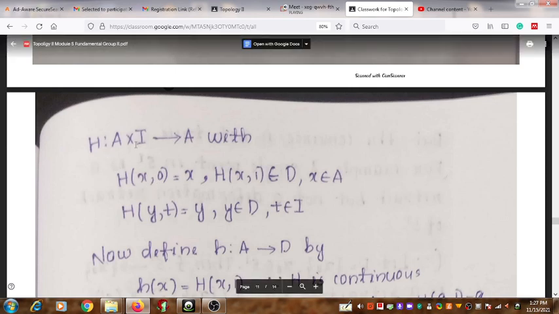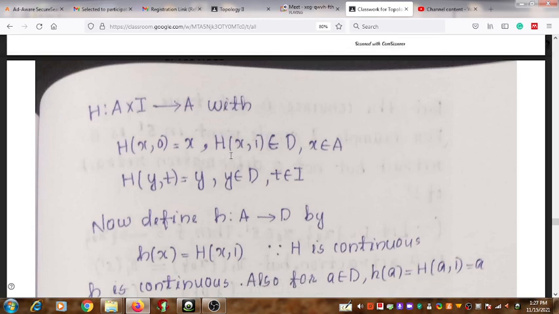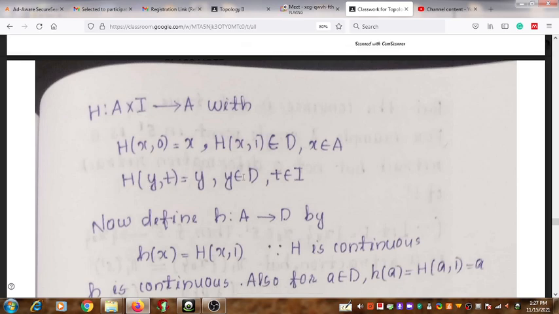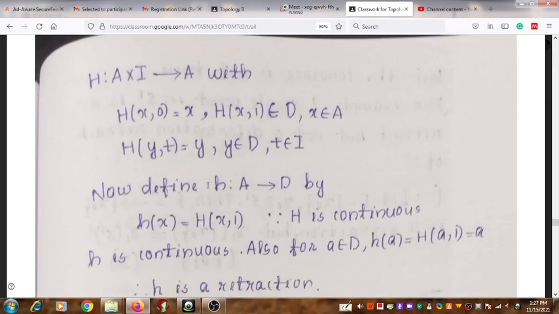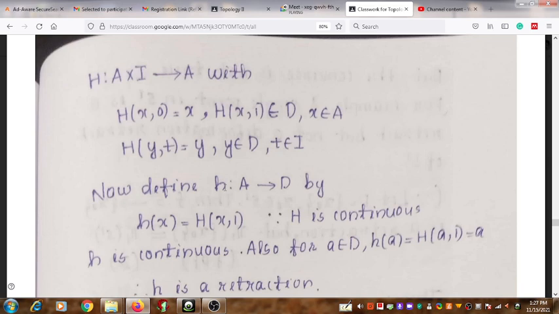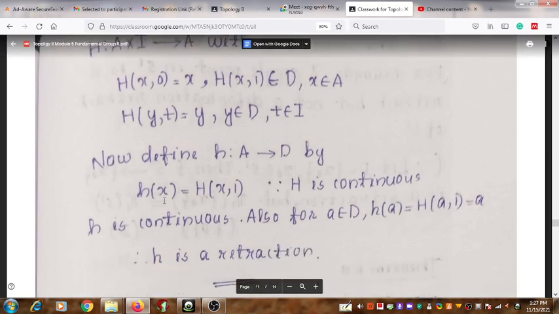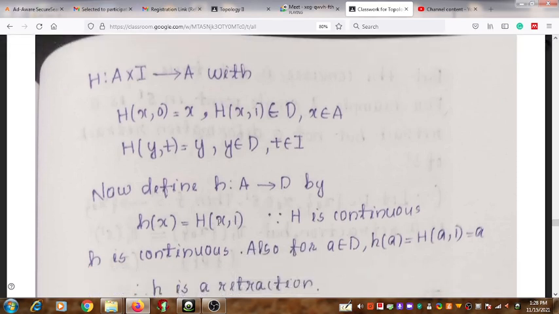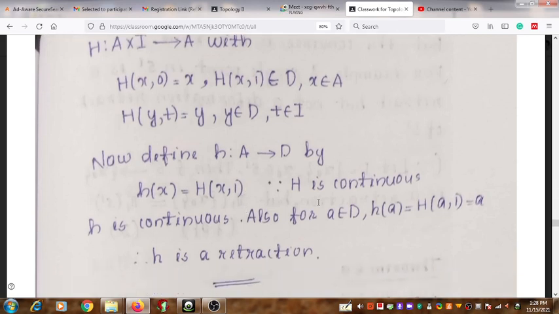So there exists H from A cross I to A with H(x,0) equal to x and H(x,1) in D, where x is an element of A, and H(y,t) equal to y for all y belonging to D and t belongs to I. Based on the existence of this deformation retraction, we define the function h from A to D by h(x) equal to H(x,1), which is the level 1 of the homotopy.